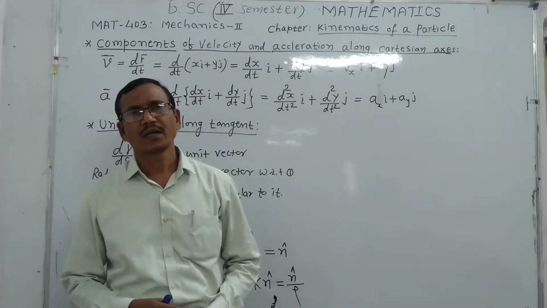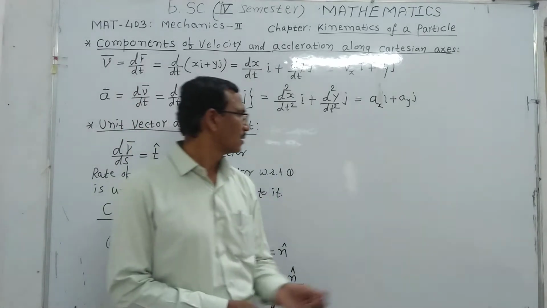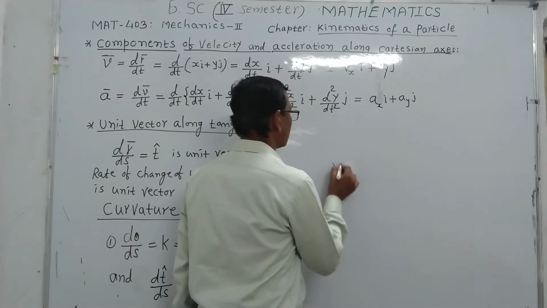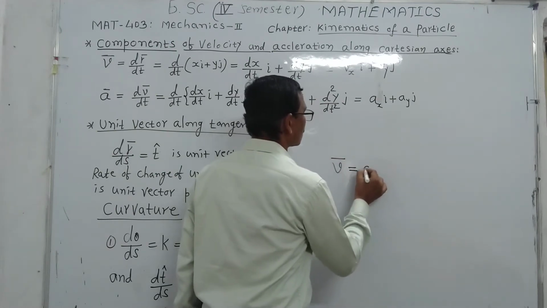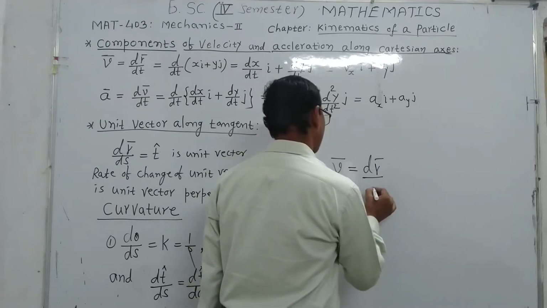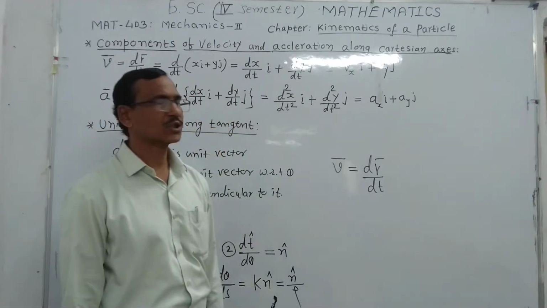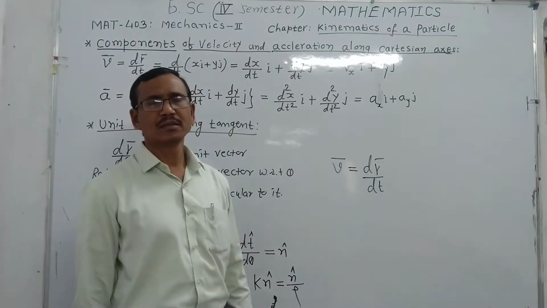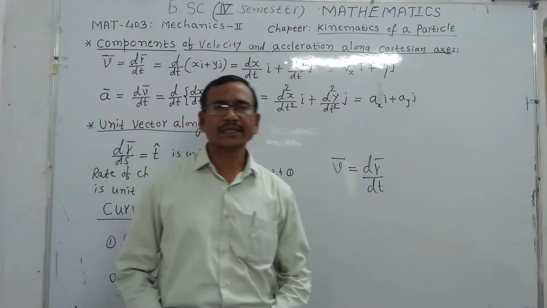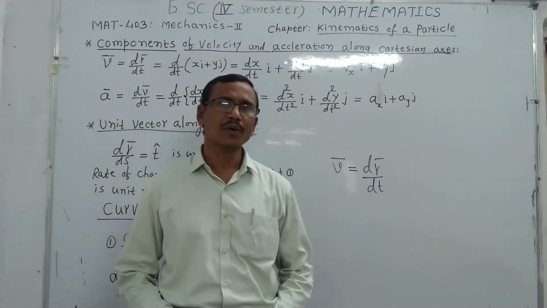That means if r bar is displacement, then expression of velocity is denoted by v bar, which is equal to dr bar by dt, because it is rate of change of displacement, where r bar is taken as a displacement. And what is acceleration? Acceleration is a time rate of change of velocity.